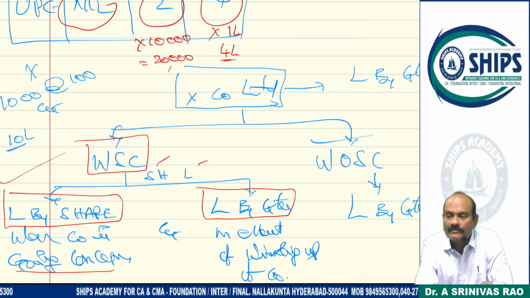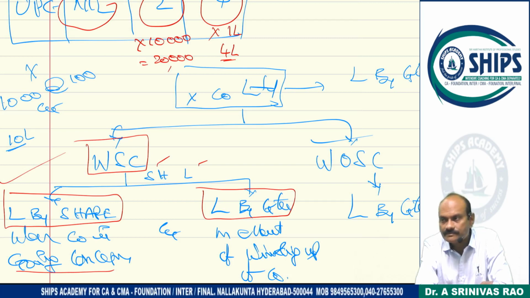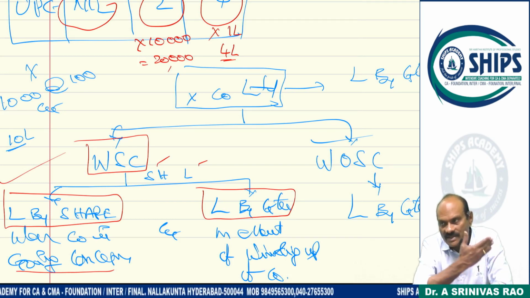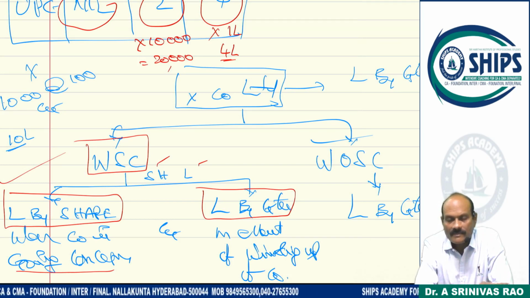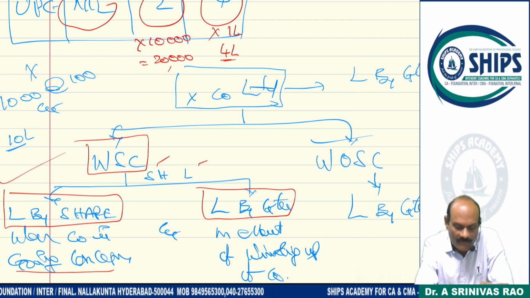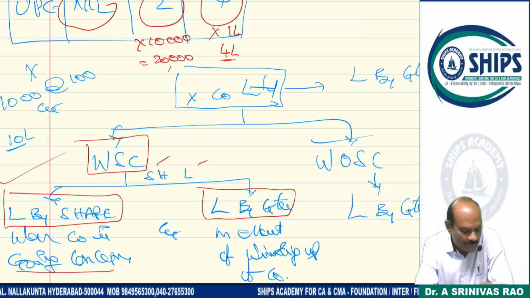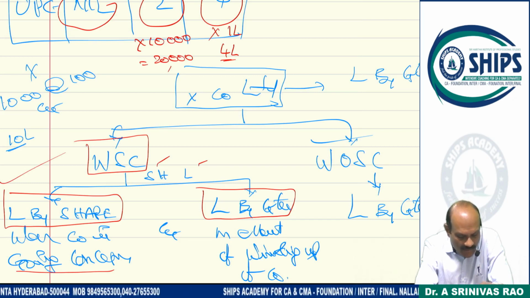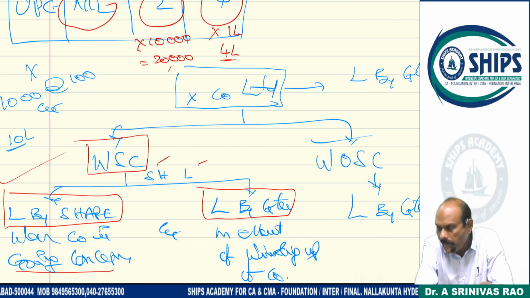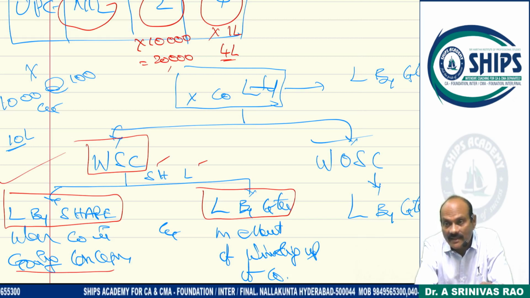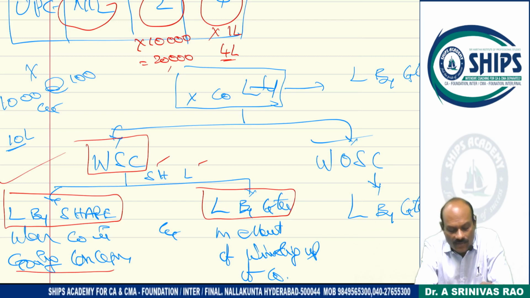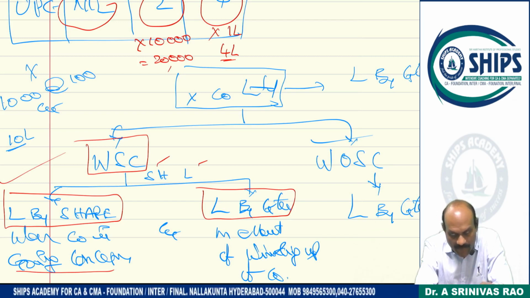Next point, bullet points wise, write: In the event of winding up, the shareholder is required to pay the guaranteed amount.